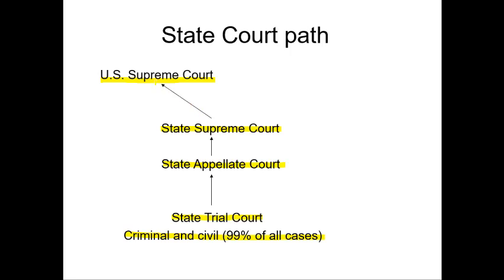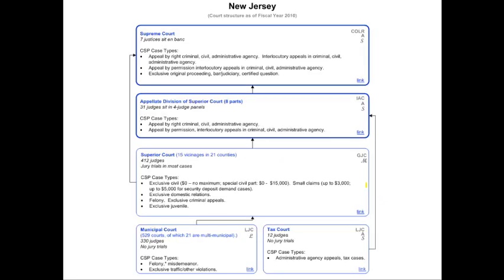We've seen historically that they tend to rule in favor of what that state Supreme Court wanted. Not always, but generally have leaned towards that. But that's your path from the state court system, and then you can actually make that leap from the state Supreme Court to the U.S. Supreme Court if all the forces align. Now let's look at some examples.